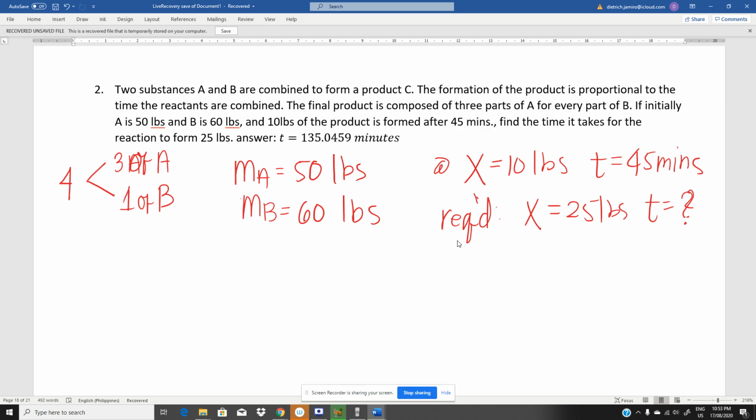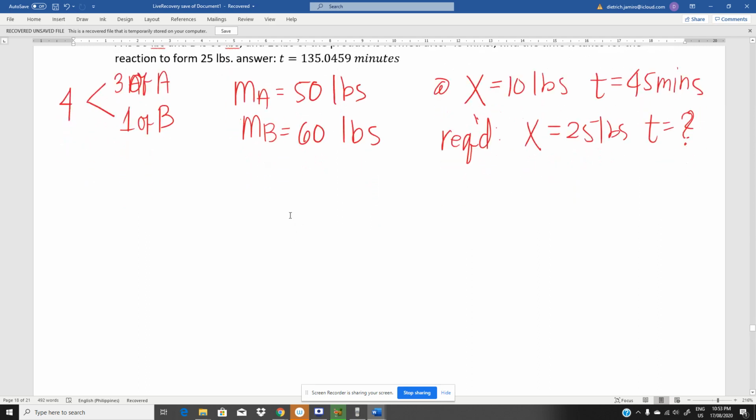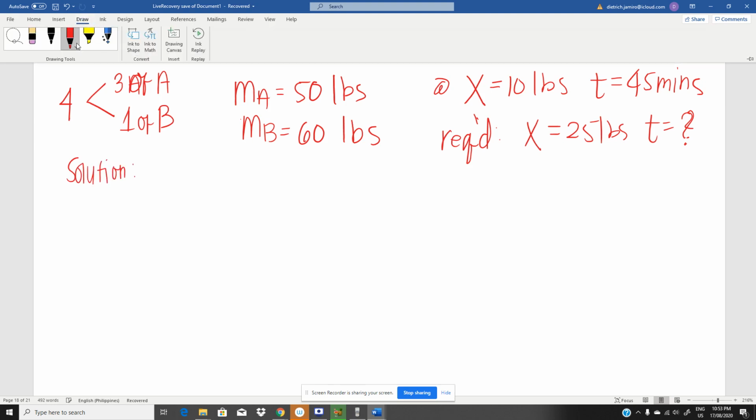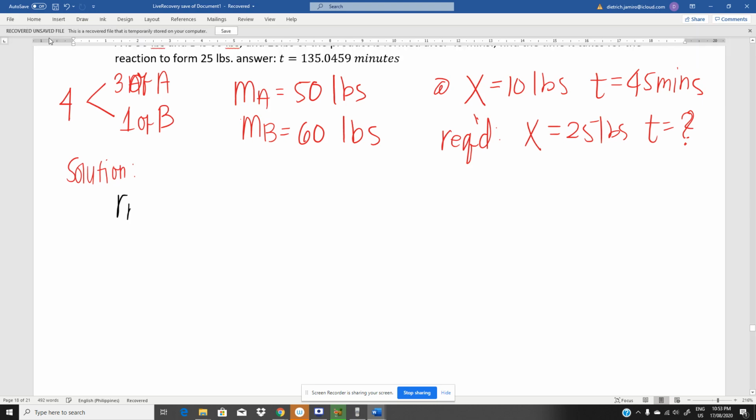So our solution. As you can see, our r sub A is equal to the proportion of A, so we will have 3 all over the total product, which is 4.